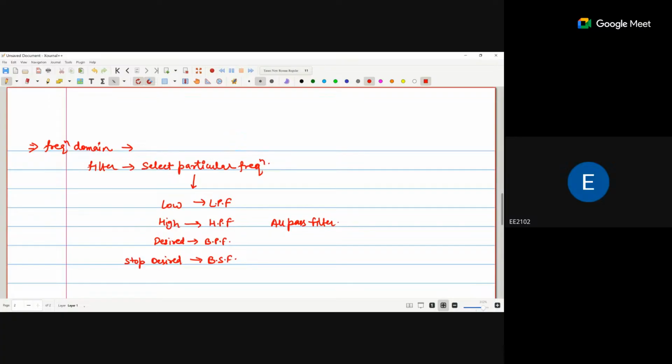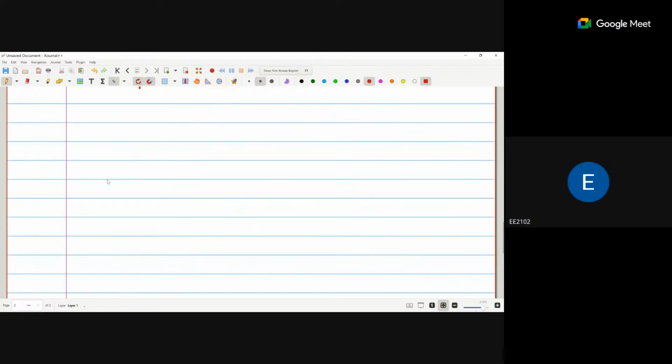Now what is the requirement? In the communication part, when we transmit some signals, you know that in the environment all different frequencies are available. We have a Bluetooth frequency, we have an RF signal frequency, we have 2G spectrum, 3G spectrum, 4G spectrum, 5G spectrum.